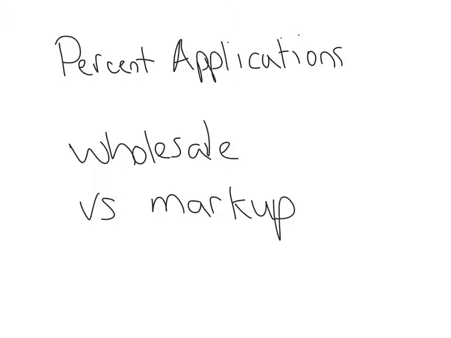Today we're going to talk about percent applications, in particular things that people buy and sell. So we're going to define a couple of terms here. The wholesale price is the price that the retailer pays for something, and the markup is the price that the consumer pays for something. Let me restate that a different way. When you go to a store, the store has bought something.